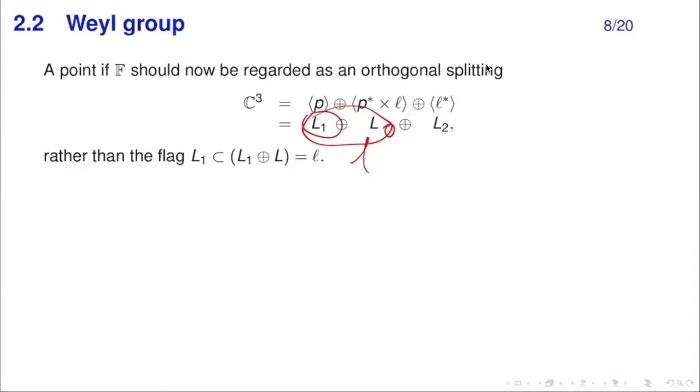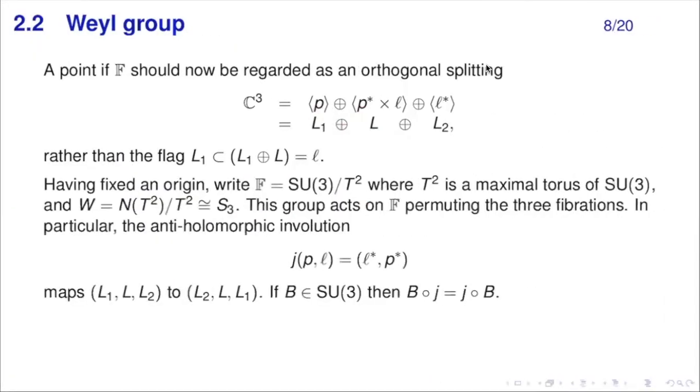But we can also commute these 3 fibrations, and algebraically, the reason one can do that comes about from the Weil group of SU3. So the Weil group, that's the elements that we fix. Of course, if we think of the flag manifold, we can think of it as a homogeneous space. It's SU3 over T2, where I'm thinking of T2 as a maximal torus of SU3.